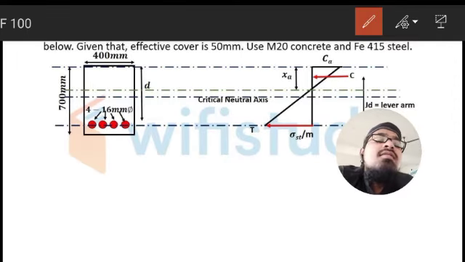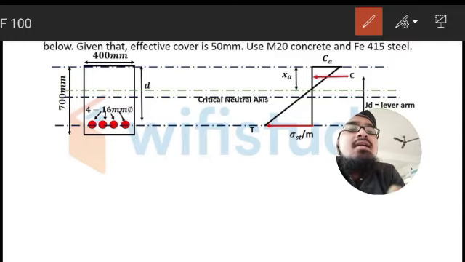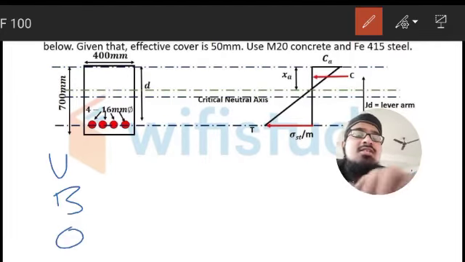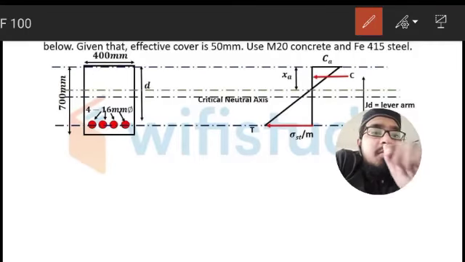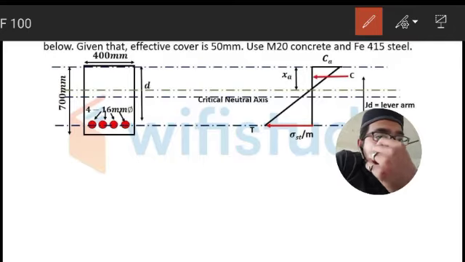For finding out the value of average stress, we should know what type of section it is, whether it is an under reinforced section or balanced section or over reinforced section. This is the thing that we should find for solving our problem. This is the necessary thing.